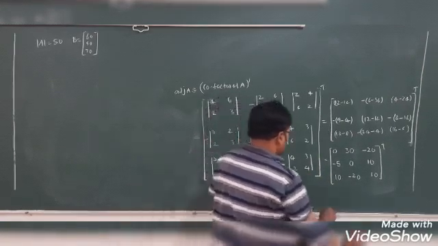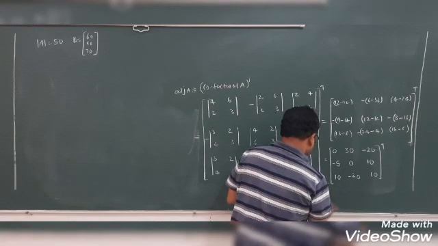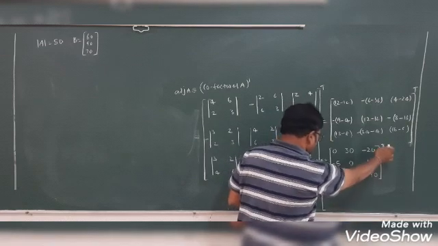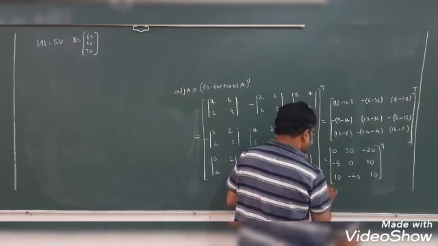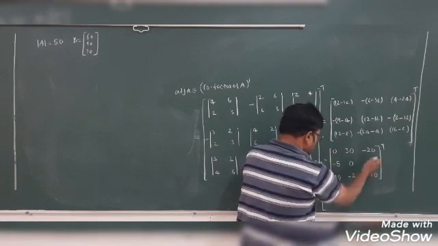So therefore, adjoint A. The adjoint is the transpose of this matrix, so we interchange the rows and columns.